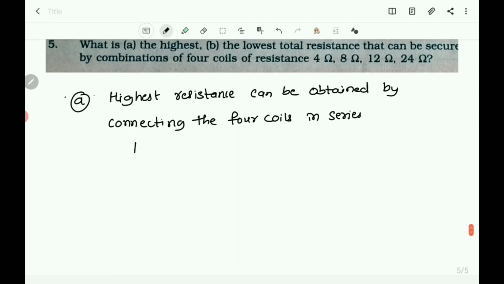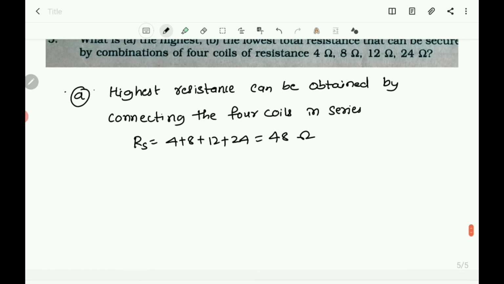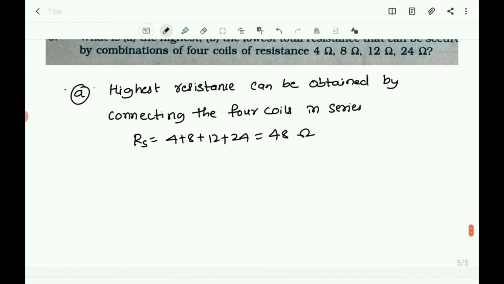Then RS becomes 4 plus 8 plus 12 plus 24, that is 12 plus 12 is 24, 24 plus 24, 48 ohms you will get. Next, to have the lowest resistance, all the 4 coils must be connected in parallel.